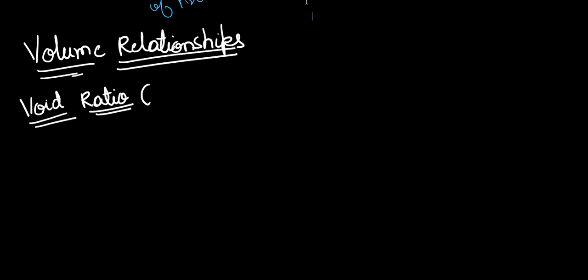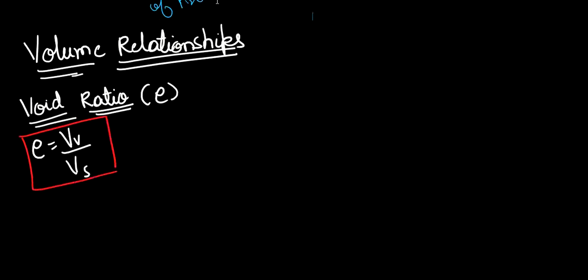You already know the symbol, that is E. You also know the basic formula, that is E is equals to volume of void upon volume of soil solids. Let's number this as formula number 4.